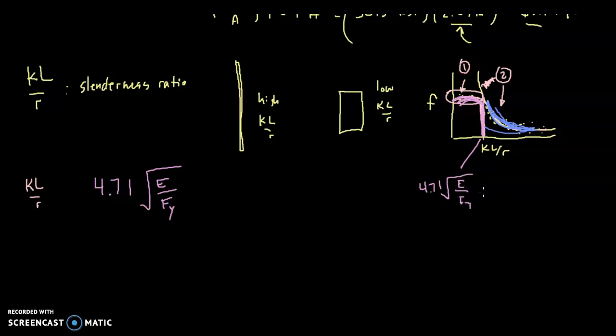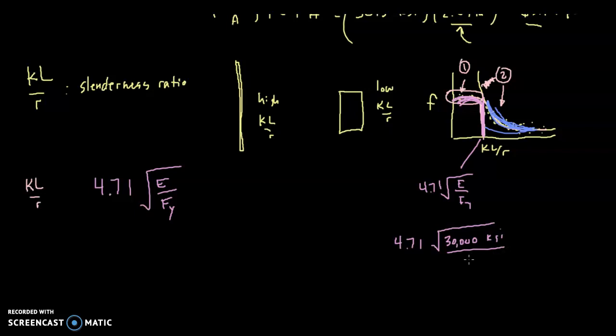Now, for the most part, we're going to be using A992 steel, the steel that's used to make wide flange beams. So in that case, 4.71 times the square root of 30,000 KSI. 30,000 KSI is the modulus of elasticity for any grade of steel.